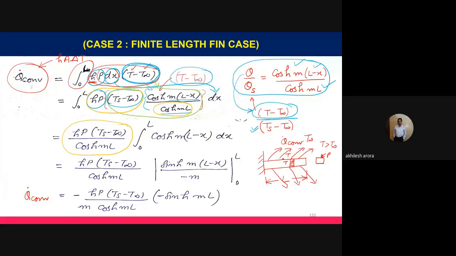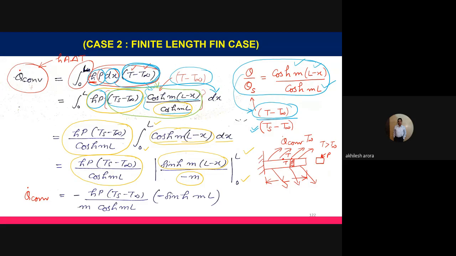Inside the integration we are left with cosh(m(L minus x)) dx, integrated from 0 to L. When we integrate cosh(m(L minus x)), the integration is sinh(m(L minus x)) divided by minus m, with limits from 0 to L.